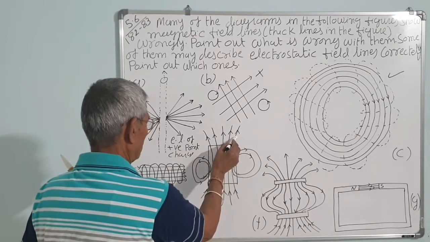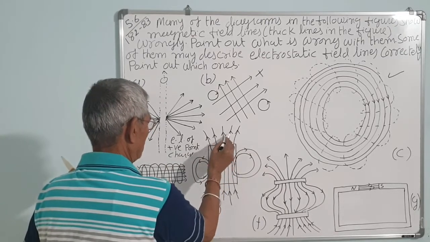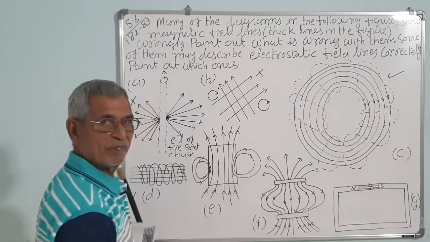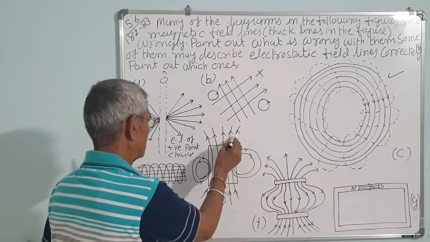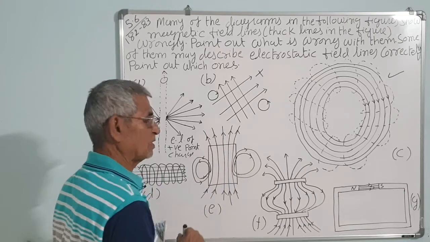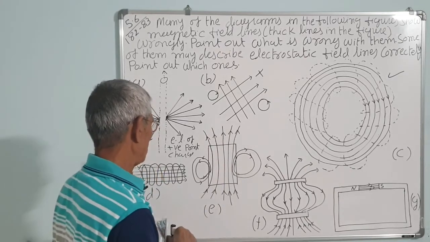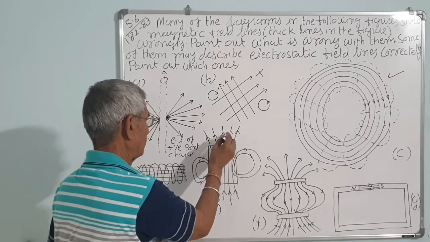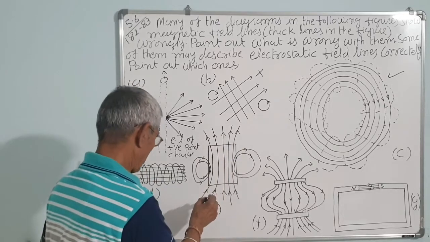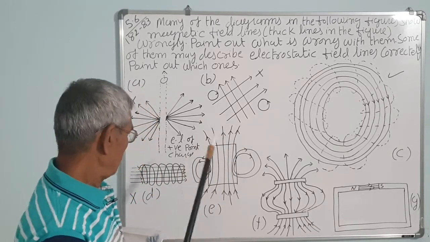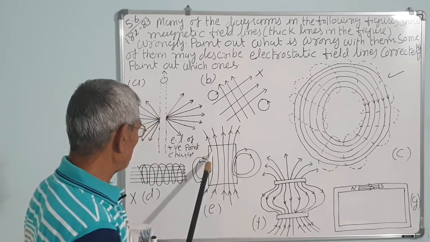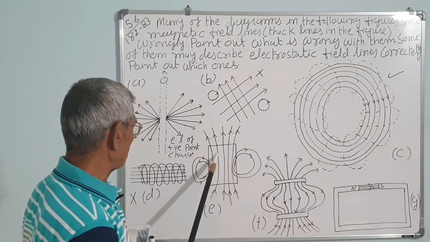If you take this Gaussian surface, then flux entering is equal to flux leaving, or coming in is equal to going out. You can draw an arrow here also.